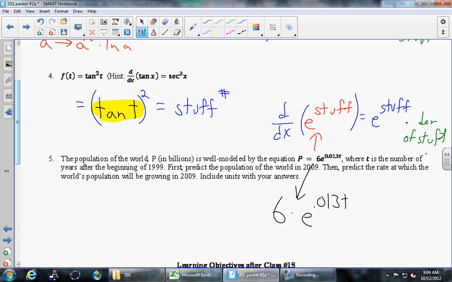Copied. But then in green, times the derivative of the stuff. The stuff in this case is up there. It's a little bit too big. Only the power. That is the stuff. What's the derivative of 0.013t? It's 0.013. That's the answer.